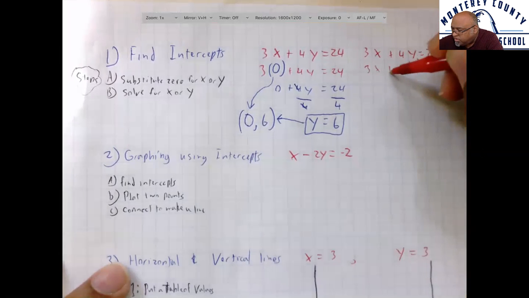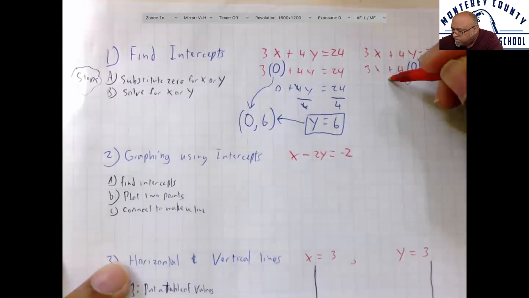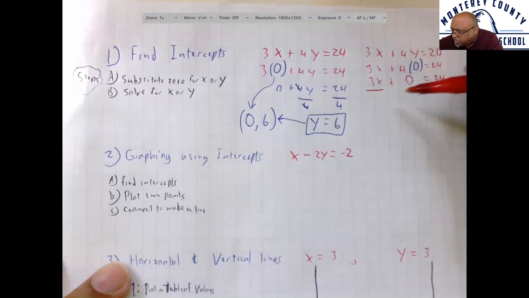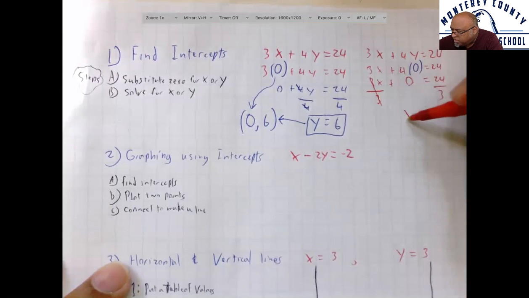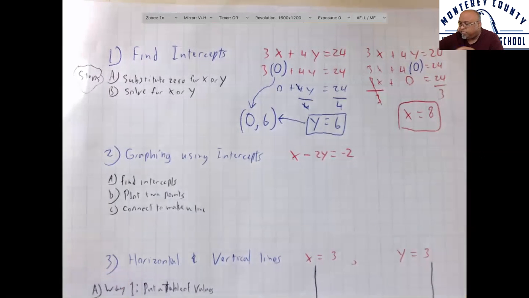So let me rewrite this. Okay, so 4 times 0 is 0. 3x plus 0 is the same as basically saying 3x equals 24, because the plus 0 means plus nothing. So I'll go to IOB, isolate the x, opposite operations to both sides of the equation. And I end up with x equals 8.